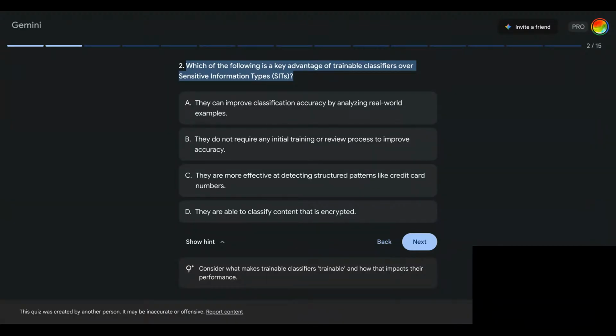Which one would you say is more accurate between the two? So the difference between the two, I'll give you an answer.